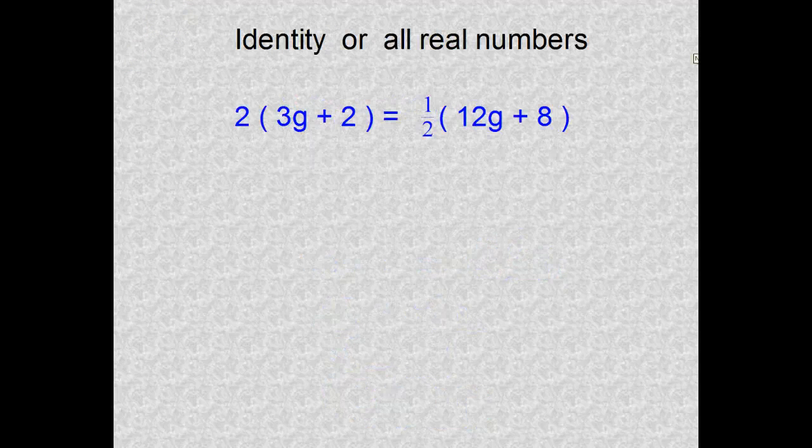All right, I picked another situation where we're going to come up with multiple answers, I guess you would say, all answers, all real numbers. We call it the identity. And as I solve this equation and combine all my like terms at the end, you're going to see what I'm talking about.